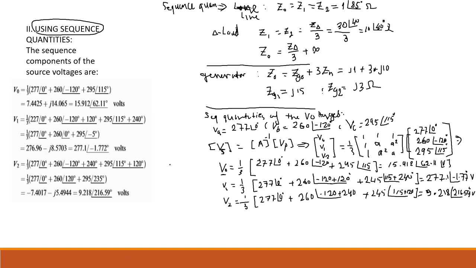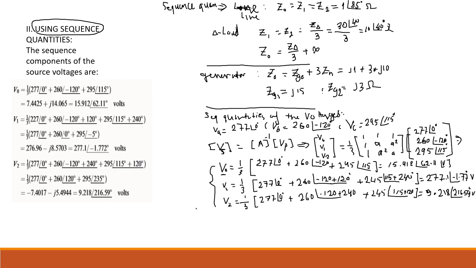These are the sequence components of the voltages of the source. Now we can draw the sequence networks of the system.